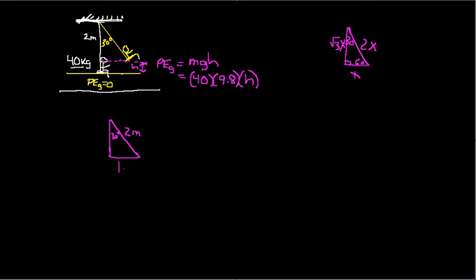But anyway, this will be 1 meter and this will be root 3 meters here. The root 3 meters is the important part that I'm looking at, because I want to look at this piece right here. That's what we said was the height.